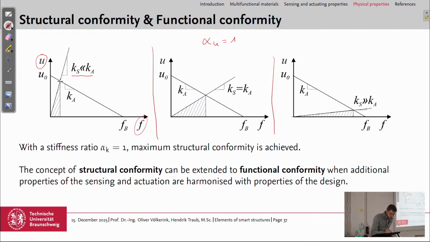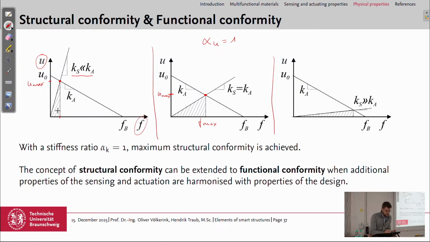The point where the two lines meet is here, so we can have higher displacements. In the integrated structure, the maximum displacement is at this point, and this is the maximum force the actuator can apply.